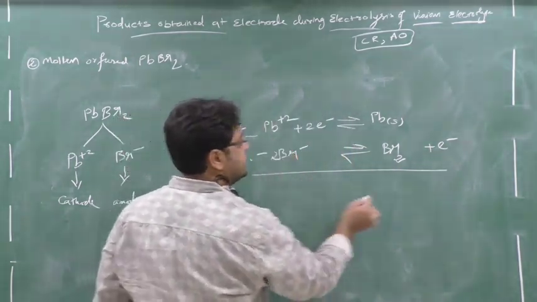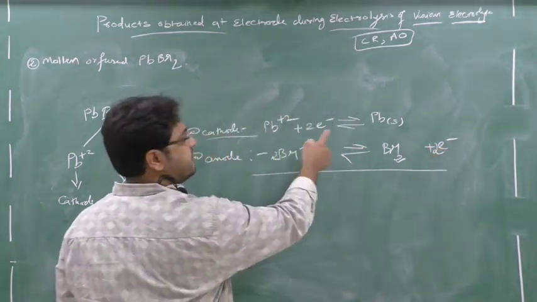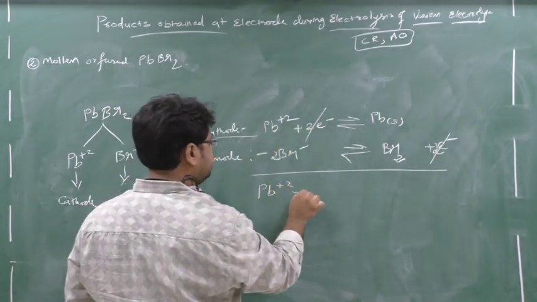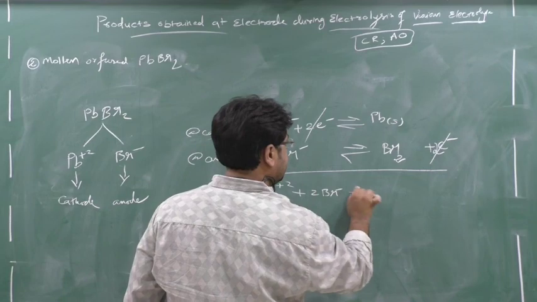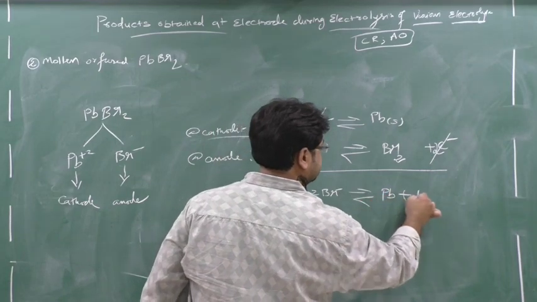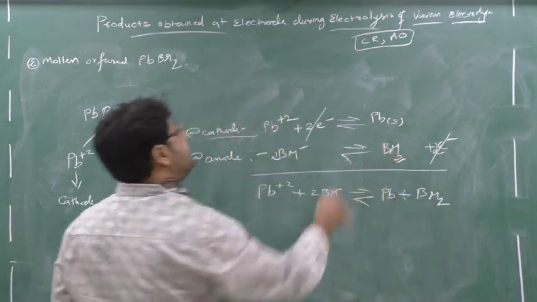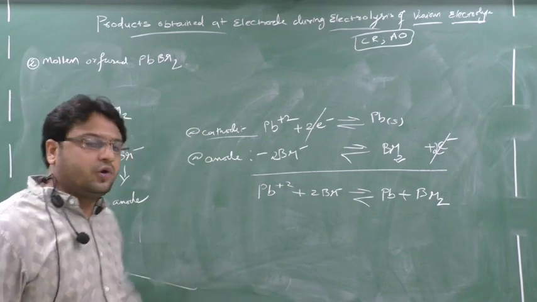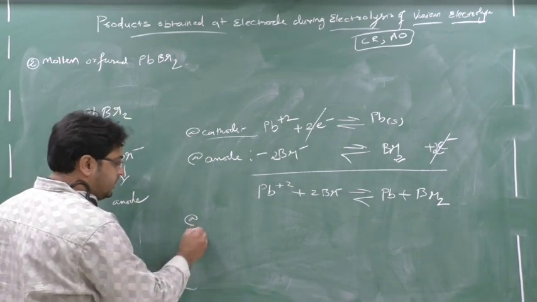2 Br minus, here 2. Clear? See, electron is balanced. 2 electron get cut. So Pb plus 2, 2 Br minus will form what? Pb plus Br2. This Pb is formed at where? Cathode. And bromine is obtained at where? Anode. So what are the products?